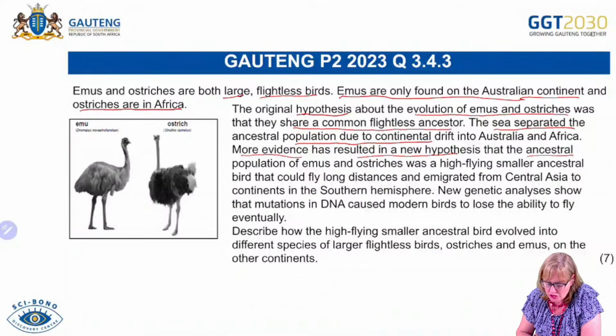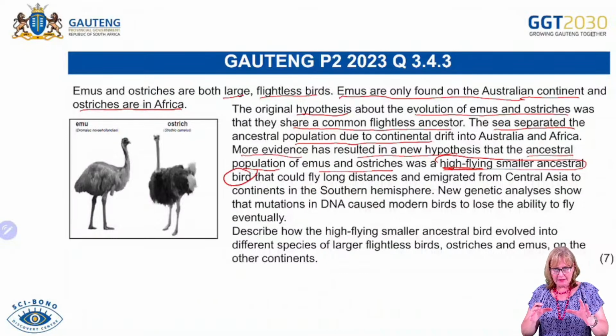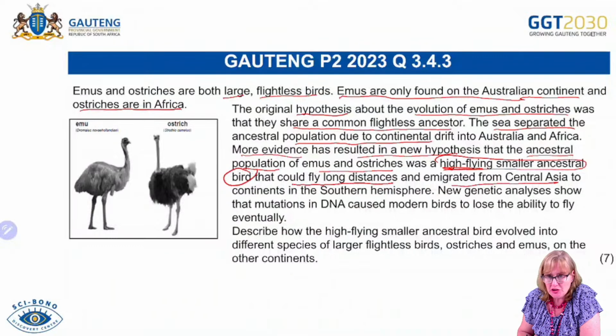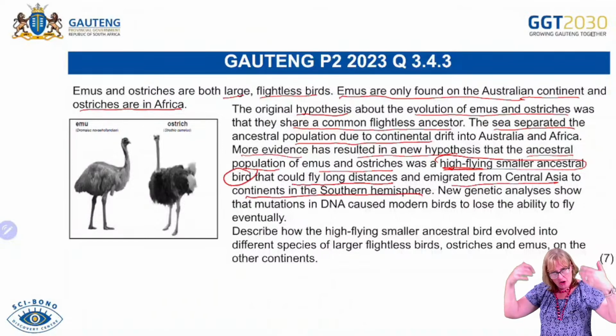That the ancestral population of emus and ostriches was a high-flying, smaller bird. So there was an ancestor, it was a smaller bird, and this one could fly. It could fly long distances and immigrated from Central Asia, so it was flying very far. This one could really fly from Asia to the southern hemisphere, to the southern continent.